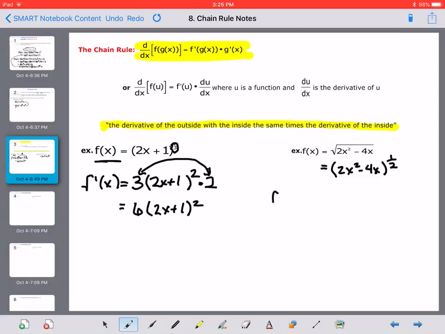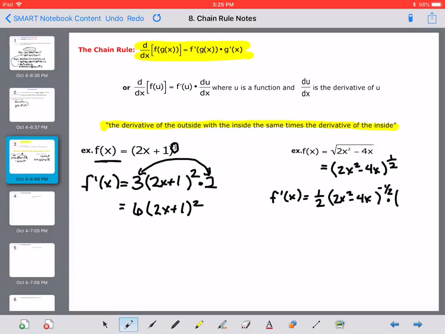So now applying the rule says take the derivative. We take the derivative of the outside, so that 1/2 is going to come in front. Derivative of the outside with the inside the same, so 2x squared minus 4x. And then we're going to come back and multiply by the derivative of the inside.